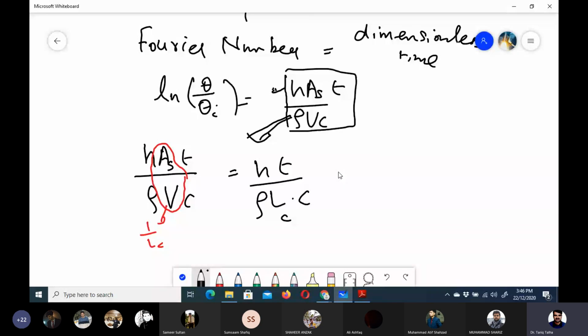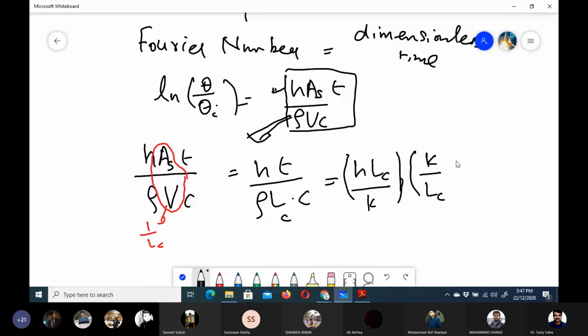So now we try to put here the Biot number. For the Biot number, we should have something like hLc upon k, right? So if we want to have Lc upon k being multiplied like this, then we also need that to be divided here. Then we are writing it k upon Lc, and then the next bit is t upon rho c.